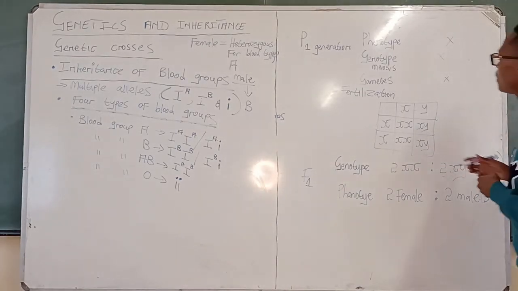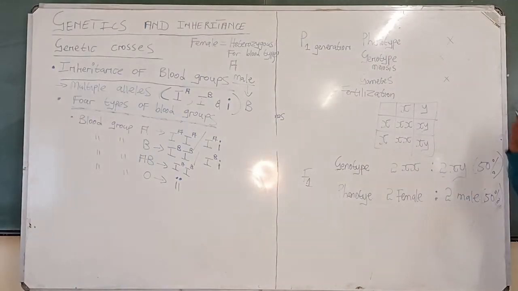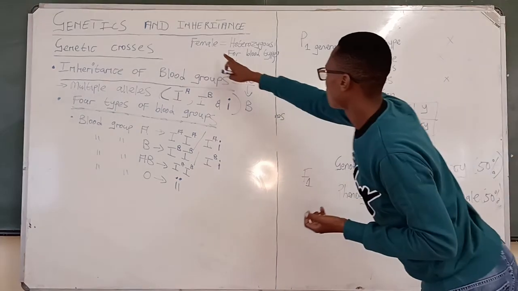Okay, so now we're going to start with the phenotype. Phenotype, it is blood type, right? Is what you can see. I'm going to start with the female.